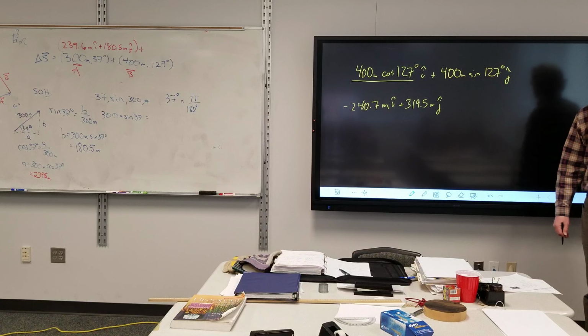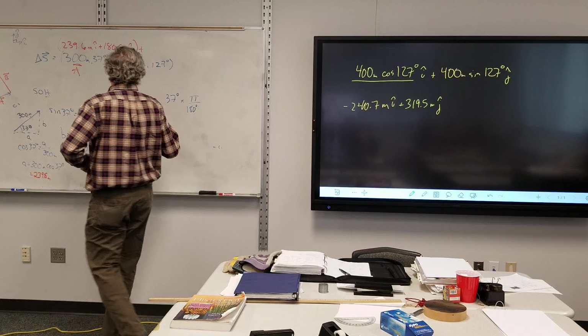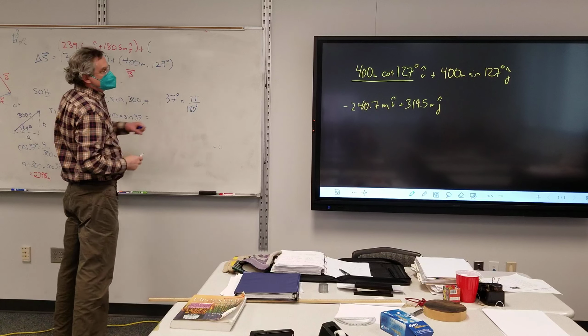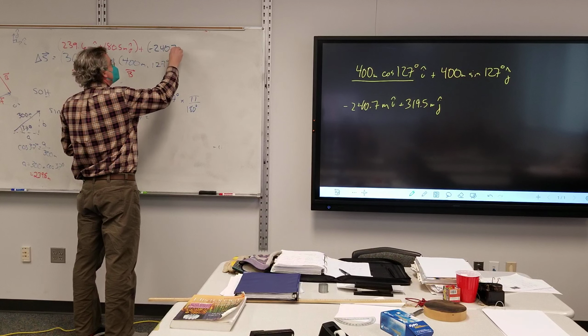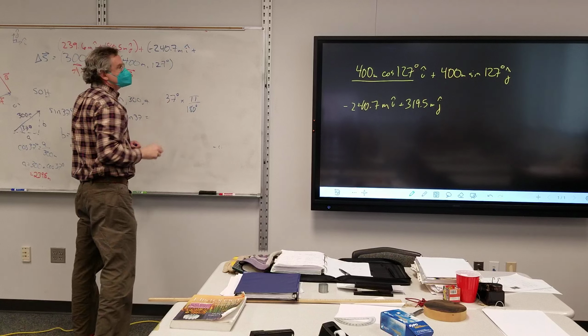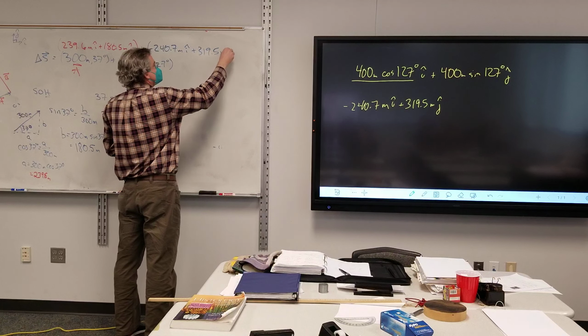All right. Now that they're both in rectangular form, adding them is trivial. So we have negative 240.7 meters i hat plus 319.5 meters j hat.